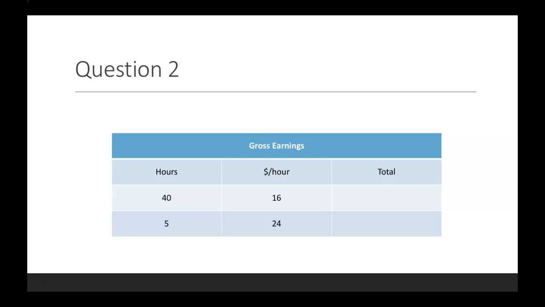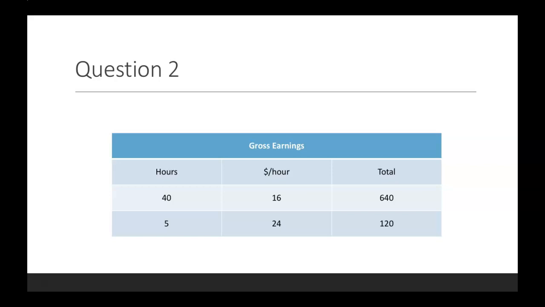Her normal pay per hour is $16. So that's the amount that she gets paid for those first 40 hours in the week. For overtime, she gets paid $24 an hour. So if we take our number of hours times our hourly wage, we can figure out that in those 40 hours, she earned $640, and then in her 5 hours of overtime, she earned $120.